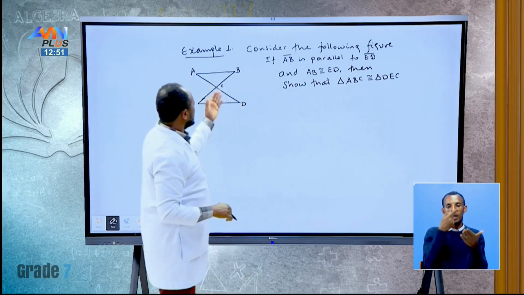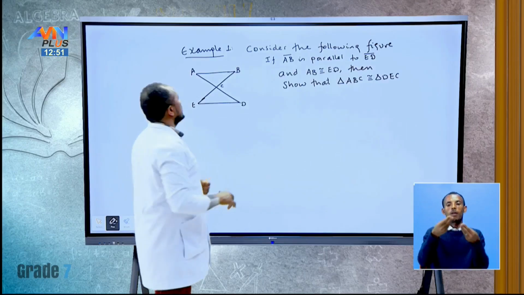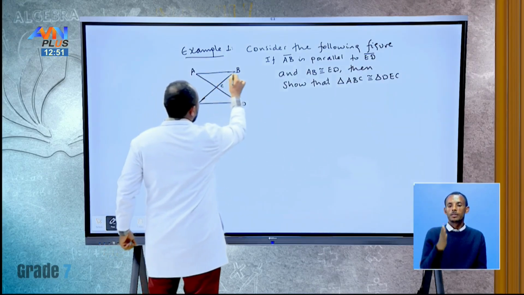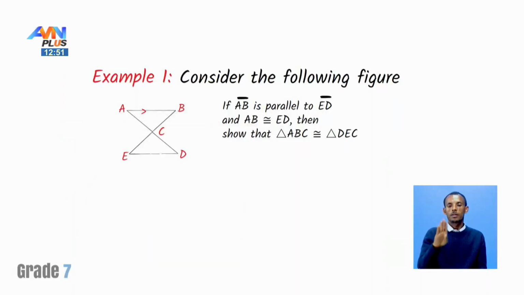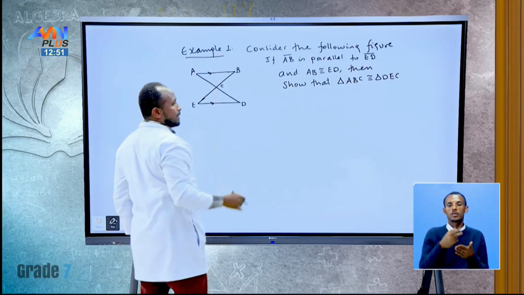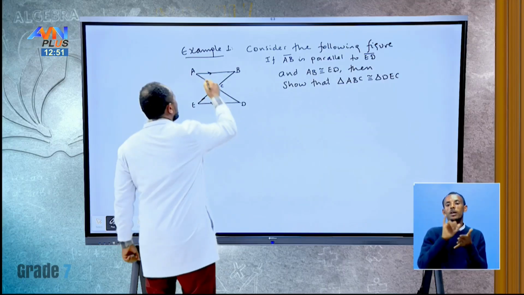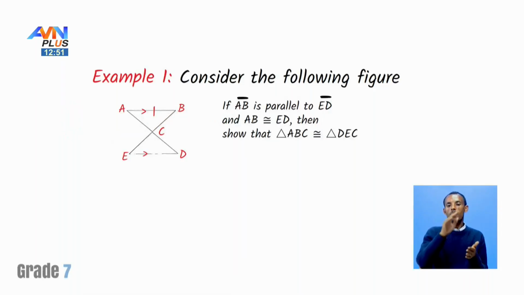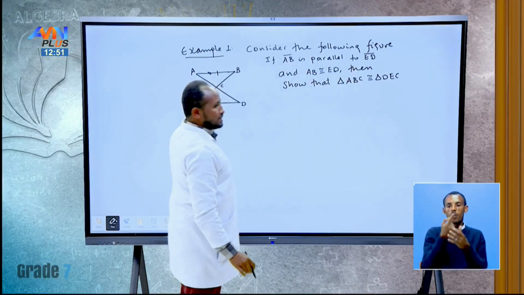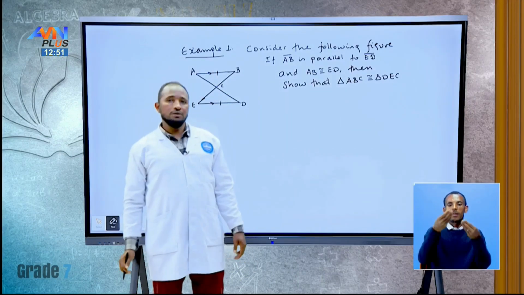Here, this picture is given. Side AB is parallel to side ED. These two sides are parallel. In addition to that, this side AB is congruent to side ED. So only one side is given in this question.